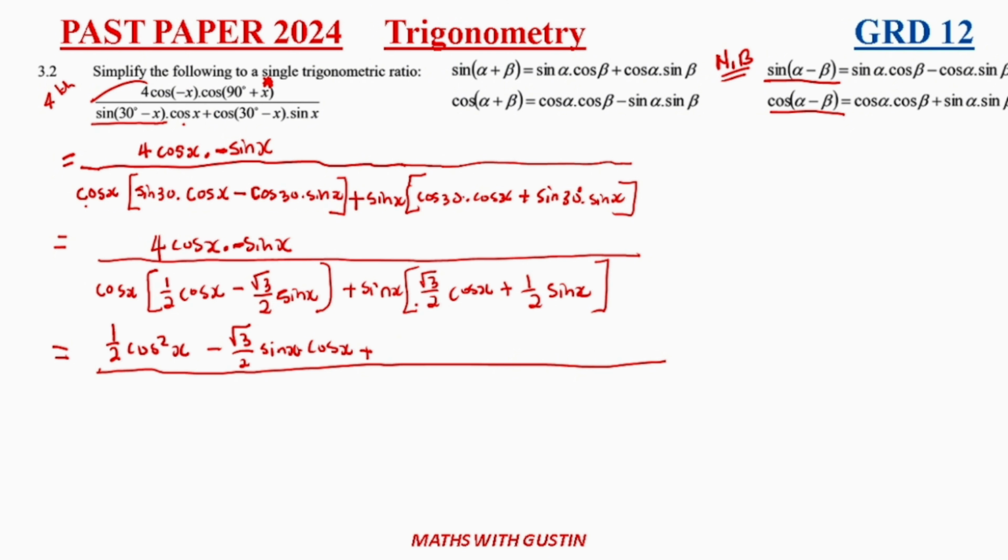Plus sine times that square root of 3 over 2 cos x times sine x. Then here sine times sine will be positive, plus half sine squared x.